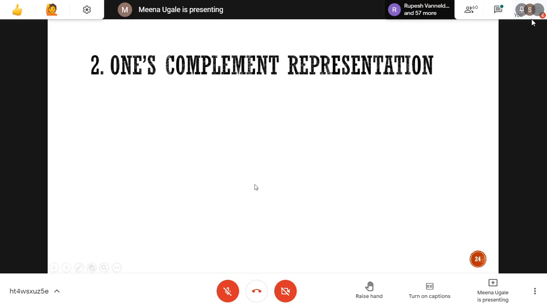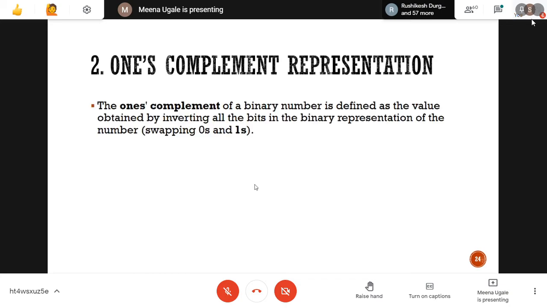Then we go on to the ones complement representation. Now, how does ones complement work? The ones complement of any number is just inverting all the bits in the binary representation. I read out here: the ones complement of a binary number is defined as the value obtained by inverting all the bits in the binary representation of the number.